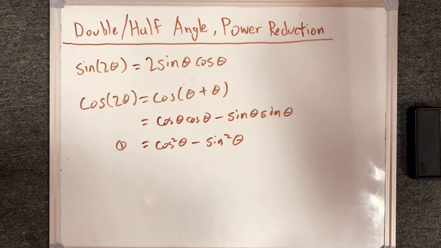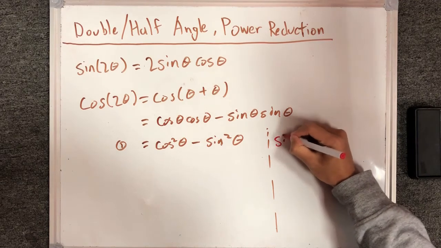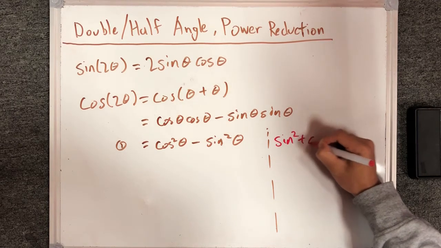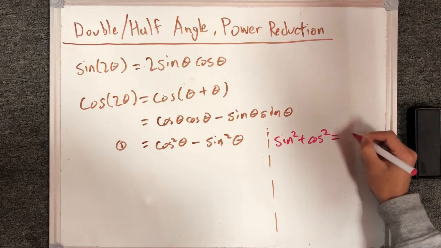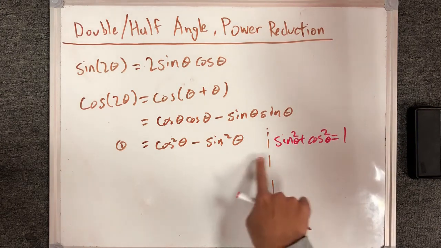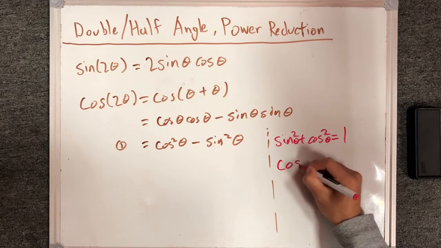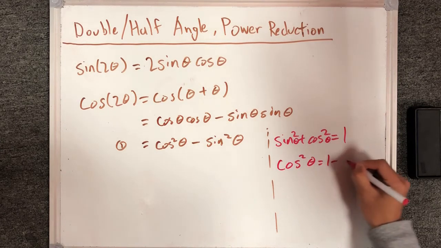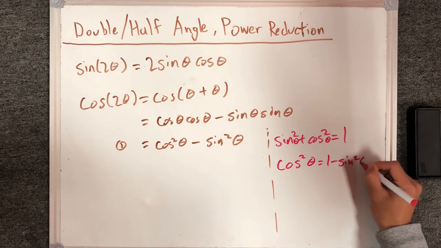Now think back to the Pythagorean identity. We know that sine squared plus cosine squared is equal to 1. So solving for cosine squared, I can get that cosine squared theta is 1 minus sine squared theta.